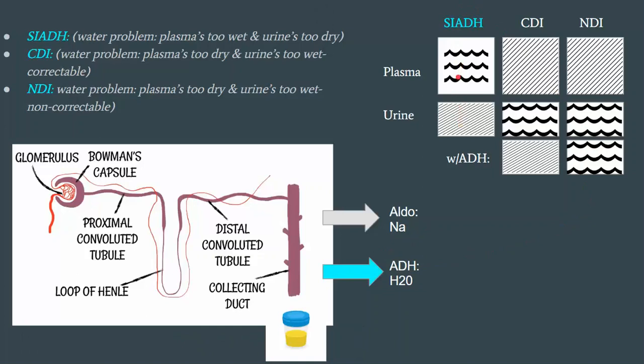Why is the plasma too wet? That's because we have inappropriate ADH bringing in too much water into the plasma. The plasma's too wet and we're drying out the urine. With central diabetes insipidus, the plasma's too dry and the urine's too wet. What's going on? Well, ADH is not working in that scenario. That means there's too much water in the urine and the plasma is too dry.